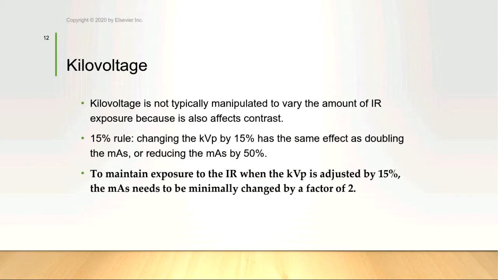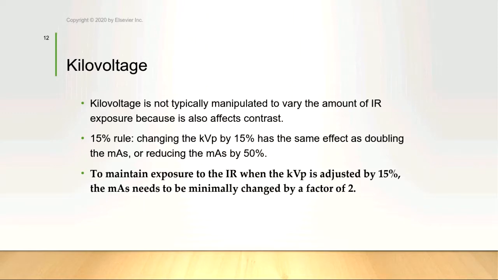With kVp, we typically do not manipulate the kVp in order to vary the amount of exposure, because we know that not only will it affect the amount of exposure, but it will affect your contrast.